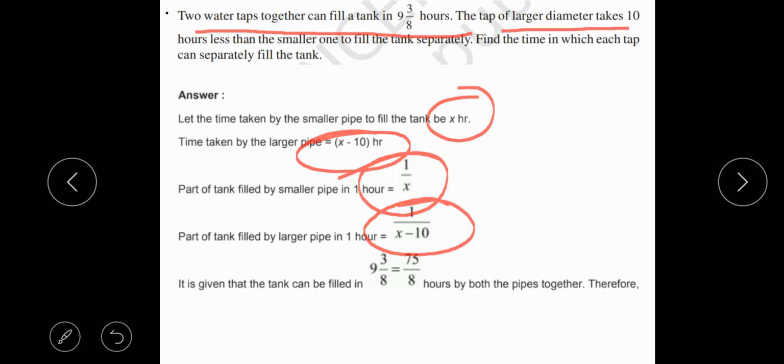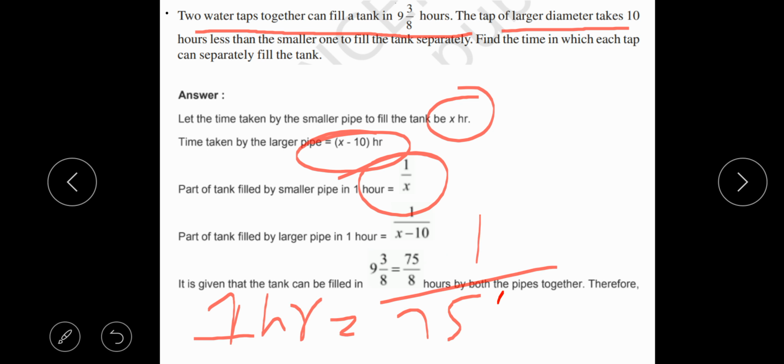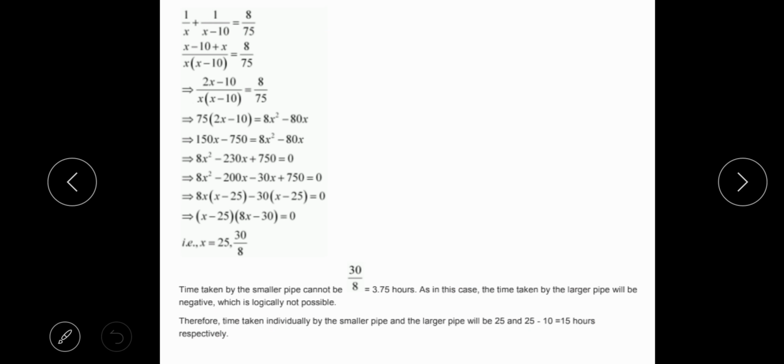Also the total time is 75 upon 8. Similarly, for 1 hour the work is 1 upon 75 upon 8, which is equal to 8 upon 75. So therefore 1 upon x plus 1 upon x minus 10 is equal to 8 upon 75.